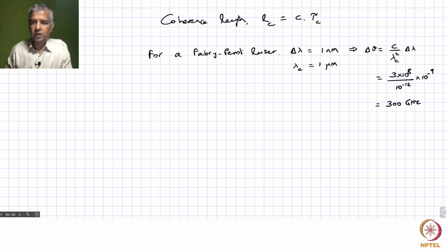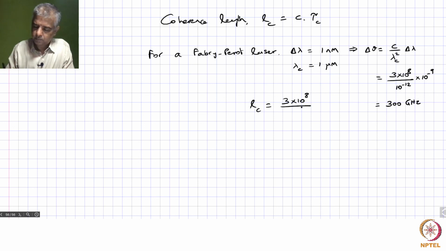So what is the corresponding coherence length? L_C equals 3 into 10 power 8 divided by delta nu, so this is 3 into 10 power 11.